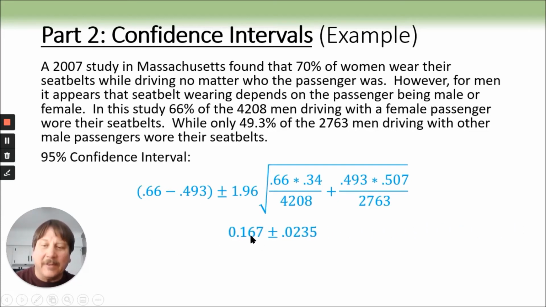The difference is 0.167, and all of this together gives us our margin of error, 0.0235. If you go ahead and do the subtracting and then adding, and then I switch to percent, that is our interval from 14.3 up to 19.1. So somewhere in that interval is the true difference of these two proportions.